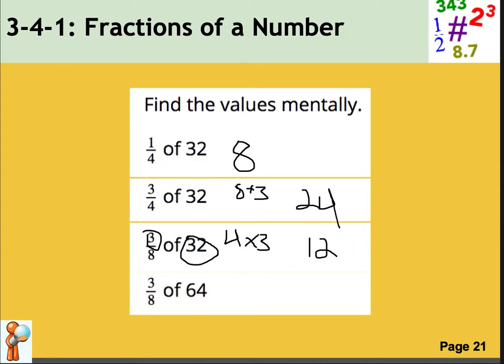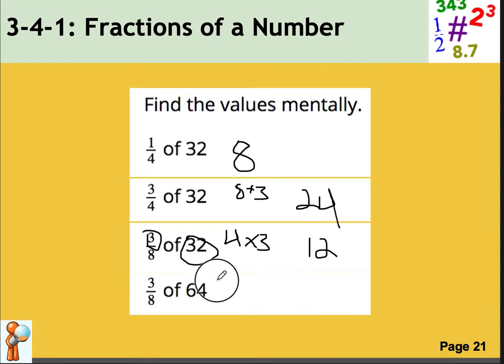And our last one, if you would pause the video and solve this mentally, we have 3/8 of 64. In case you didn't notice, 64 is twice 32. It's 32 times 2. So I take my 64 and divide it by 8. And I know that 8 times 8 is 64. That's one of the multiplication facts that I have memorized.